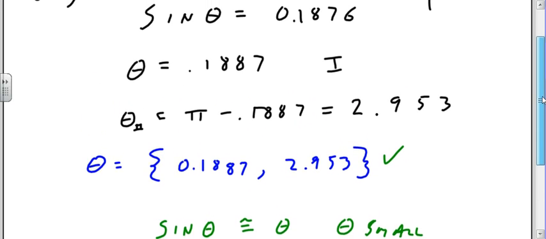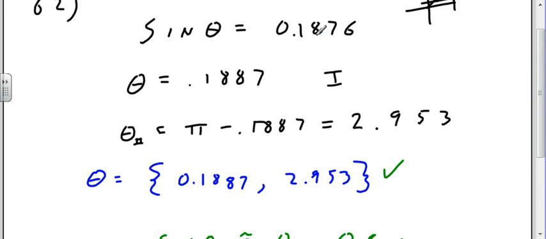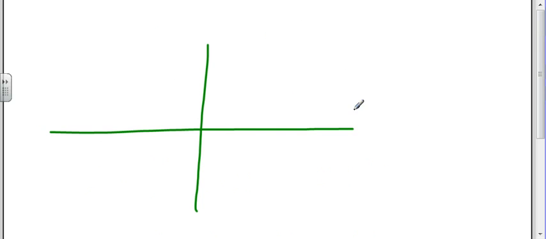We look at this and say, well, the sine of theta is 0.1876, and theta is 0.1887. That's pretty close. So to a first approximation, that's the case. If you look at the sine function close to 0, it almost has a slope of 1 there. And that's why the angle and the sine of the angle are very close to the same guy. All right, I knew you wanted to know that. All right, thank you very much.